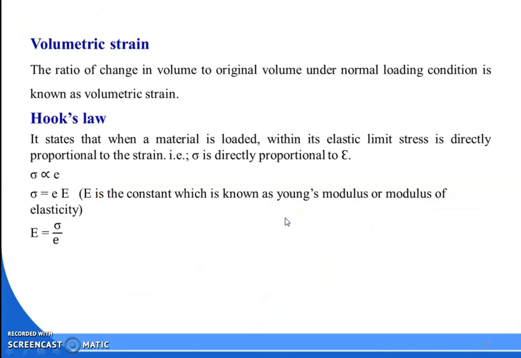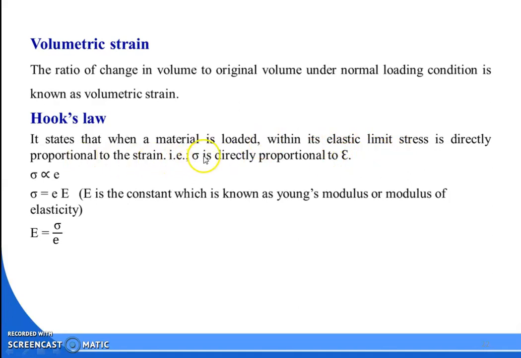Okay. So next is your Hooke's law. In Young's modulus, we discussed Hooke's law, and it is a 2-mark question also. What do we mean by Hooke's law? You have to write: when a material is loaded within its elastic limit, stress is directly proportional to strain.